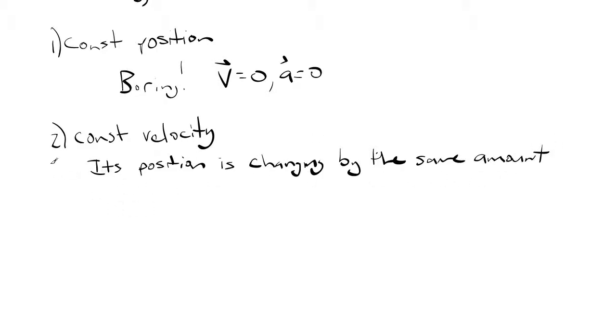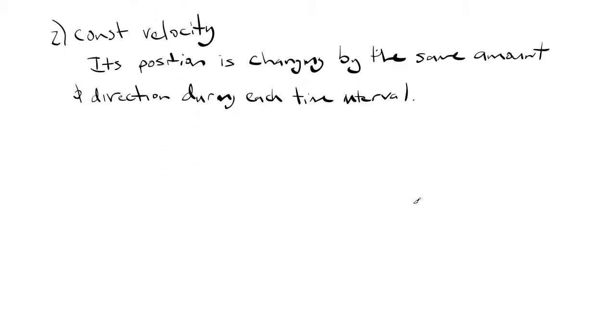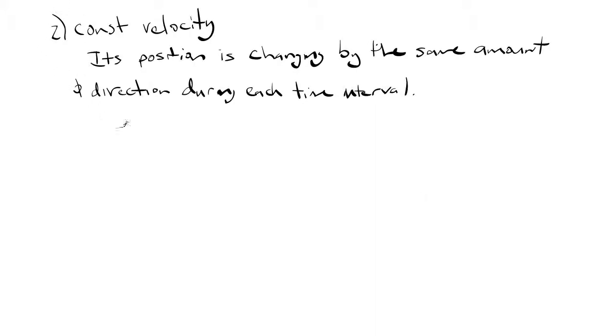But it's not just the same amount, it's also the same direction. So during each time interval that you're observing some object, let it be a ball moving at a constant velocity, its position is changing by the same amount and direction for each time interval that you look at it.